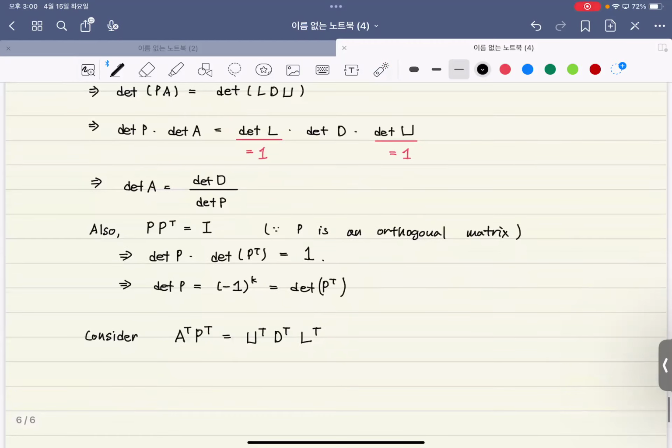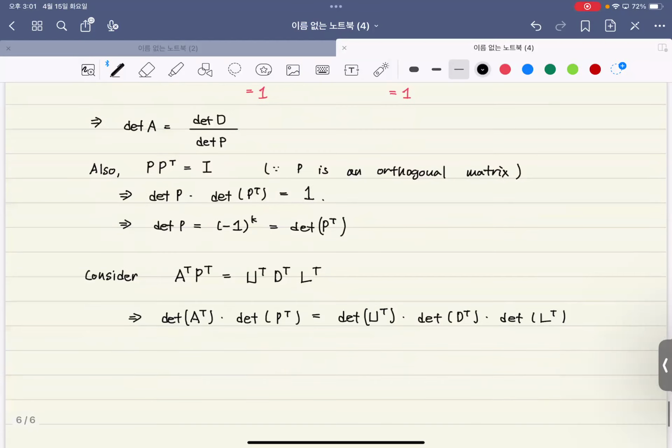Then taking the determinant of A transpose, P transpose, and U transpose, D transpose, L transpose.